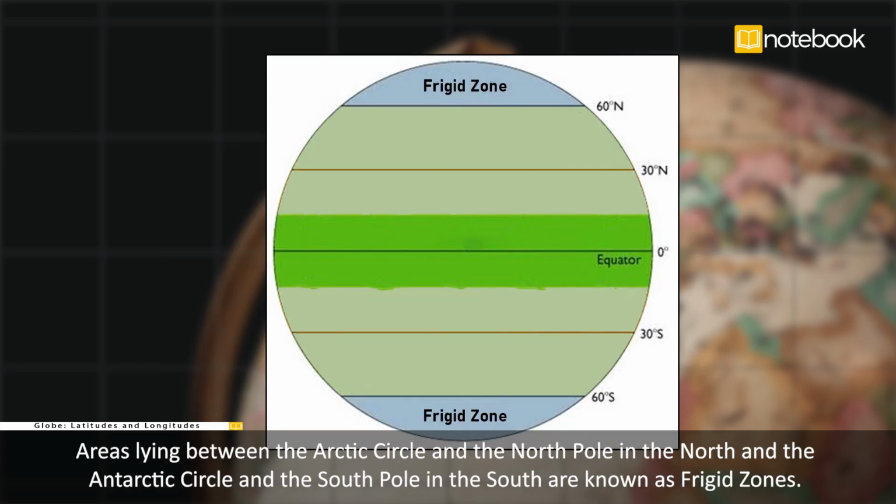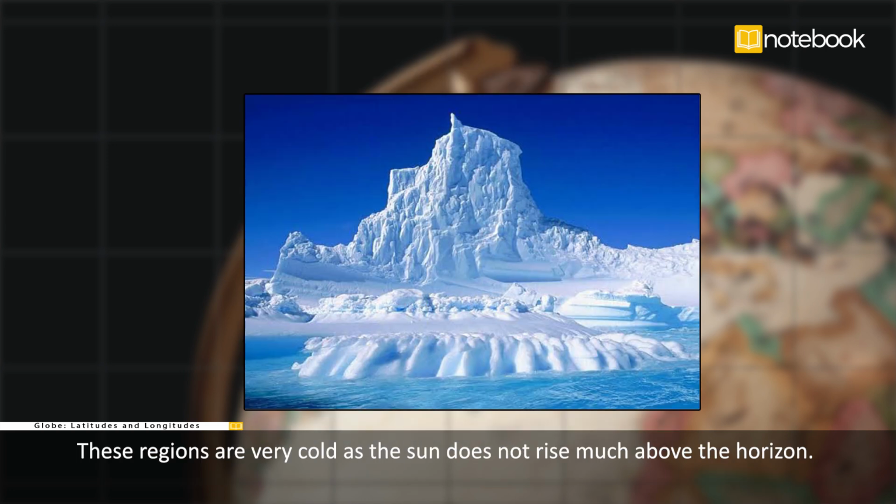Areas lying between the Arctic Circle and the North Pole in the north and the Antarctic Circle and the South Pole in the south are known as frigid zones. These regions are very cold as the sun does not rise much above the horizon.